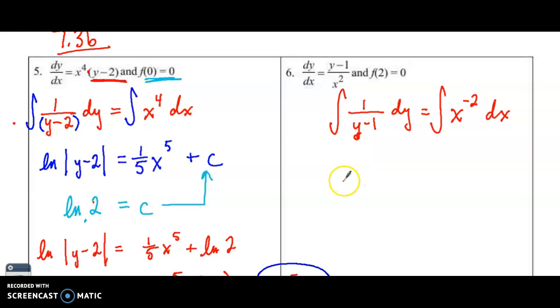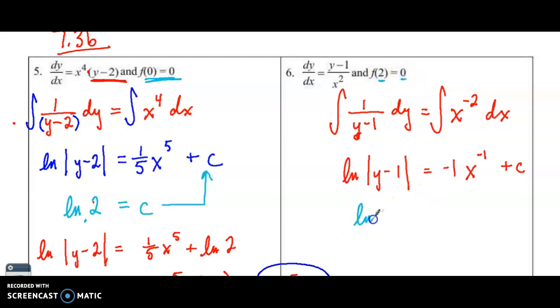Okay, so the left side is natural log of y minus 1. But on the right side, remember, you add 1 to your exponent and you divide by your new exponent. And then plus c. So now we're ready for that initial condition. When x is 2, we get 0.